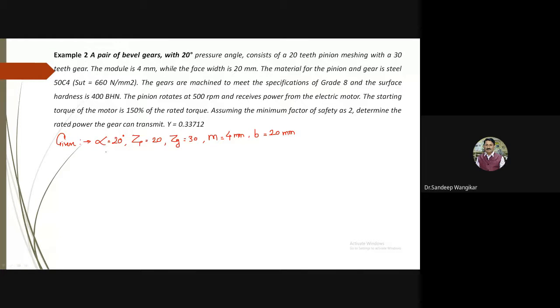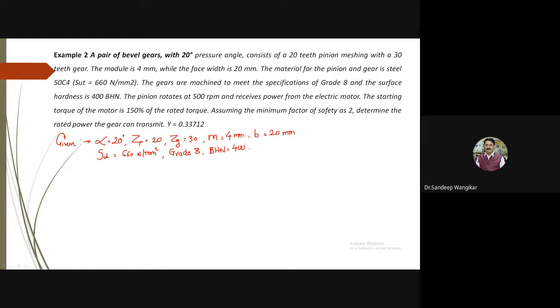The SUT is given, I will write here SUT. The ultimate tensile strength for the material is 660 Newton per mm square. The gears are machined to specification of grade 8. So I will write here just grade 8, and we will use the equation for grade 8 in Scott's equation for calculating the error. Surface hardness is given as 400 BHN, so I will say Brinell hardness number is equal to 400.